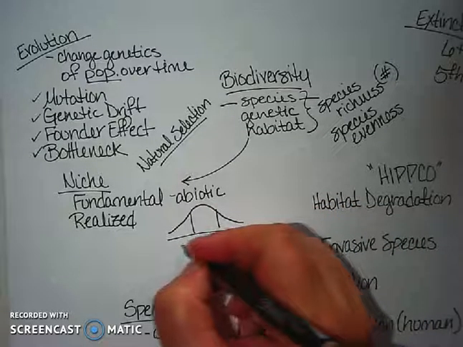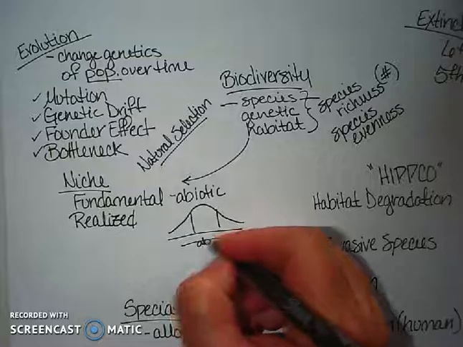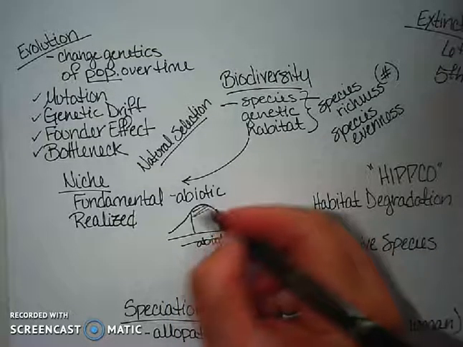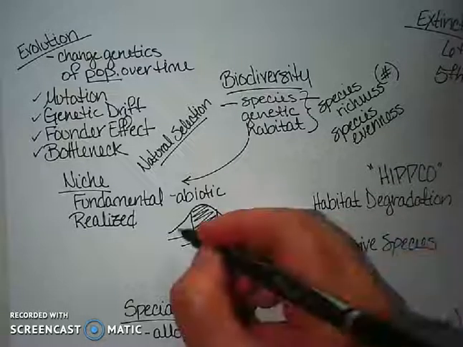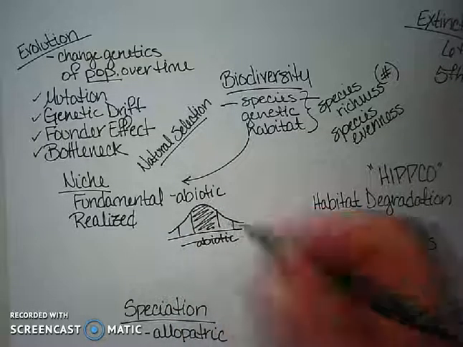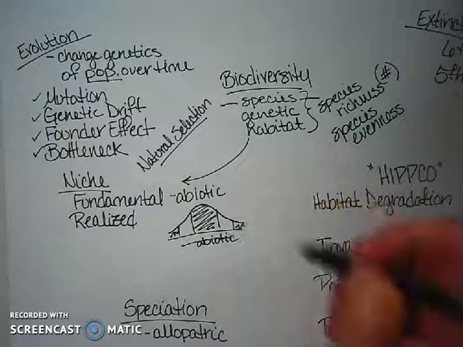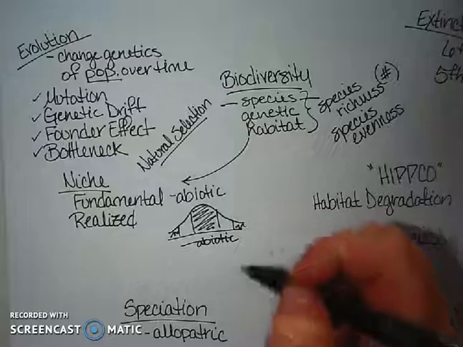This is going to be any abiotic variable from high to low or any kind of range. This is where they want to be. If they get out into this area, they can live, but they won't reproduce. And if they get way far away from their optimal range, they're going to probably die.